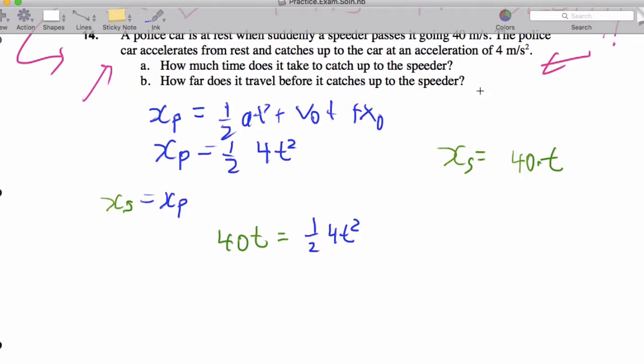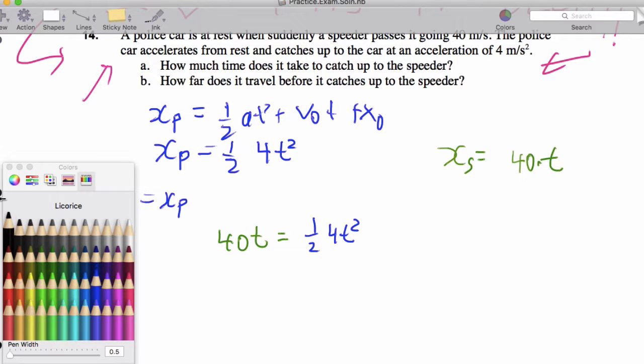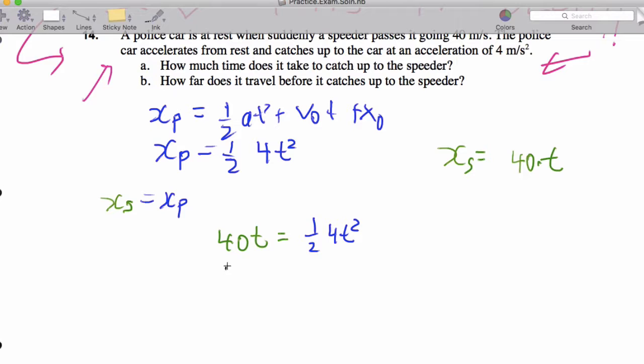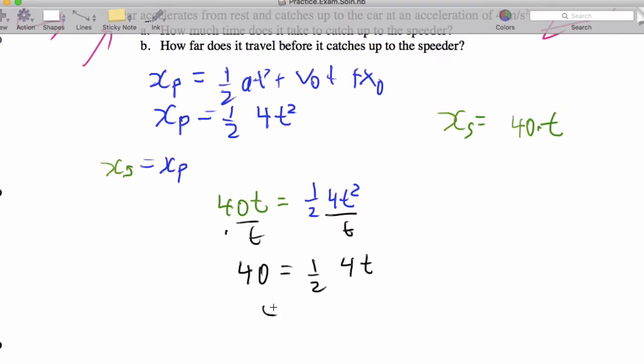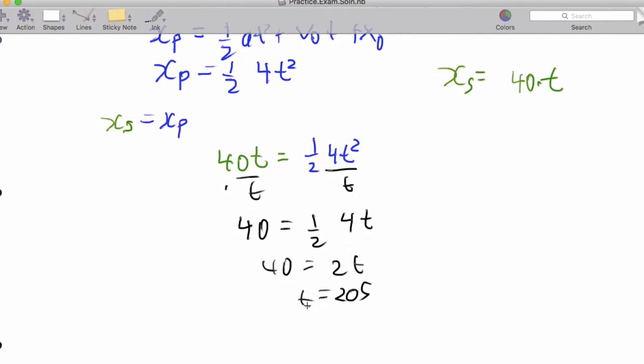And we'll solve from here. We can divide both sides by t. So we get 40 equals 1/2 times 4 times t. So 40 is 2 times t. So t is 20 seconds. That's when they meet, and you just solved part A.